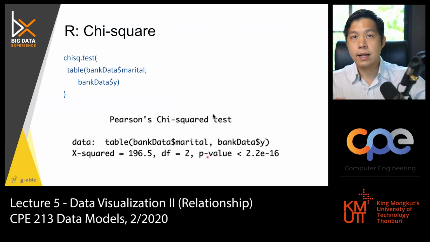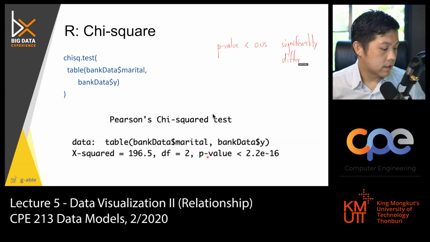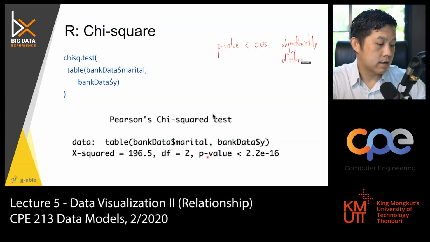In your stat class, you will learn later on that if the p-value is less than 0.05, then this is significantly different. In this case, significantly different means different population.